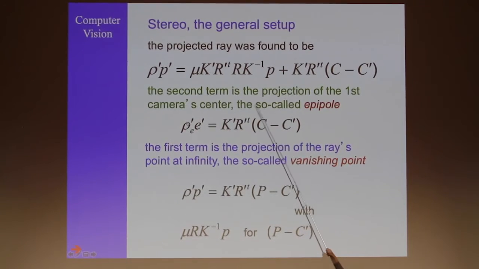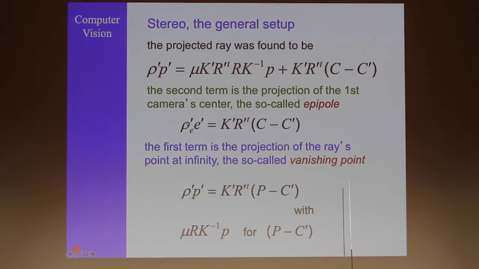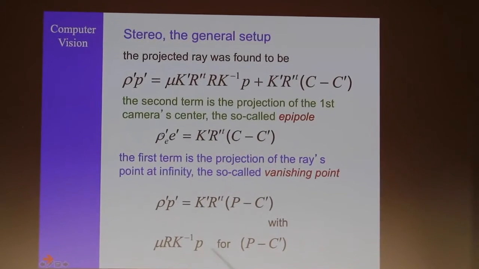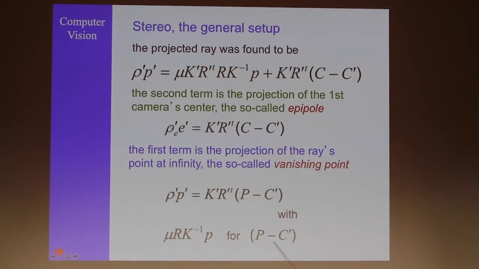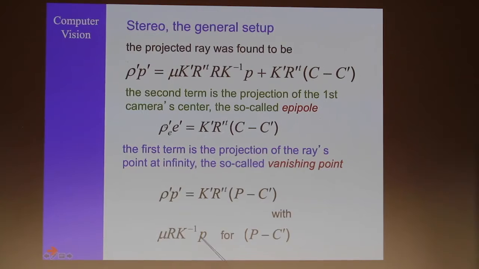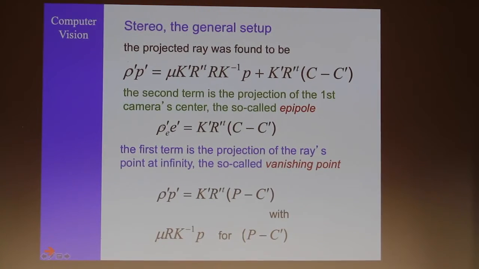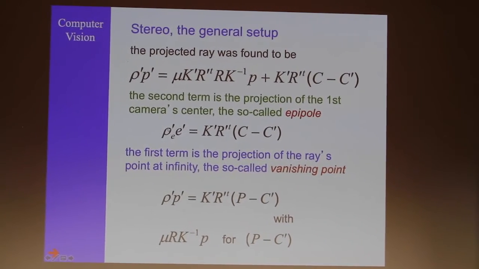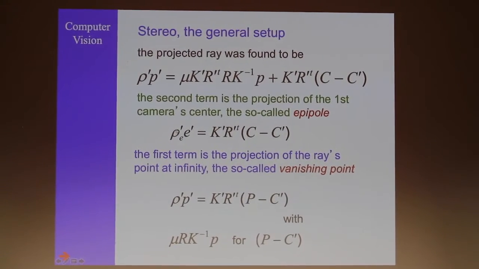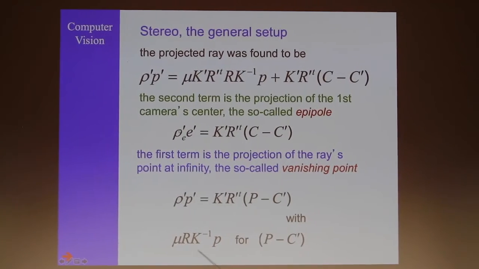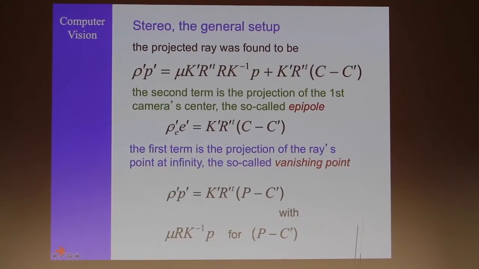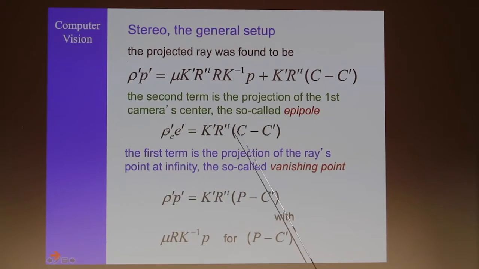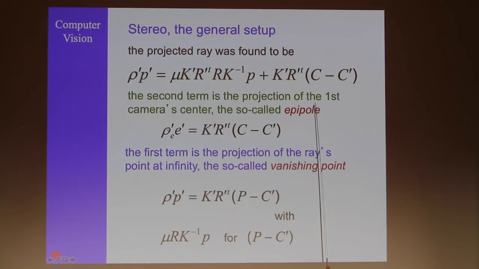And that gives the first term, and it is the intersection of a line with this orientation, p minus c prime basically is an orientation vector, the line with that orientation where that has an intersection with the second image plane, and that is indeed the image of the point at infinity of the ray in the first camera that happens to have that orientation. Okay, and that is the interpretation for these two points. So we have, on the one hand, this projection of the vanishing point and then the epipole.